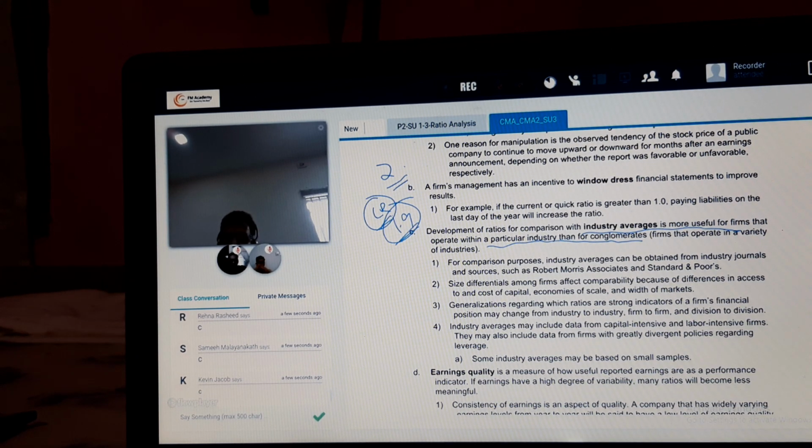So that kind of danger is there. And your company may be too small or too big to compare with the industry average. All those issues are there. And when you take the comparison from one industry to another, you should ensure that the ratios are computed using the same formula. So you should see what formulas they have used.